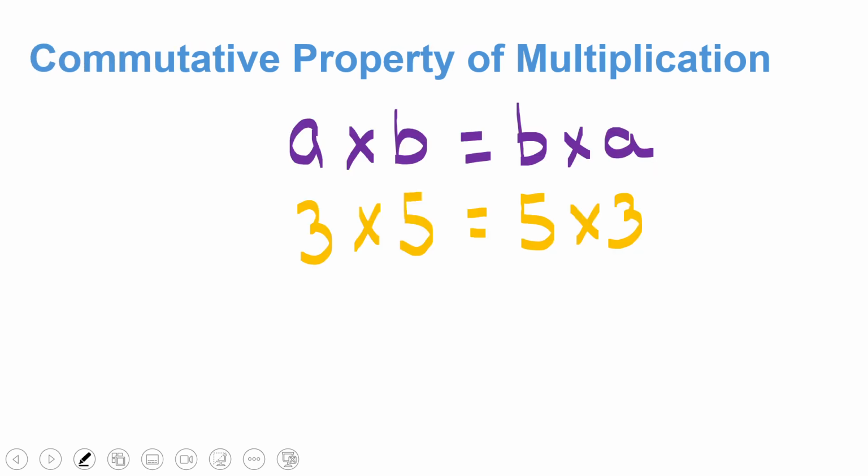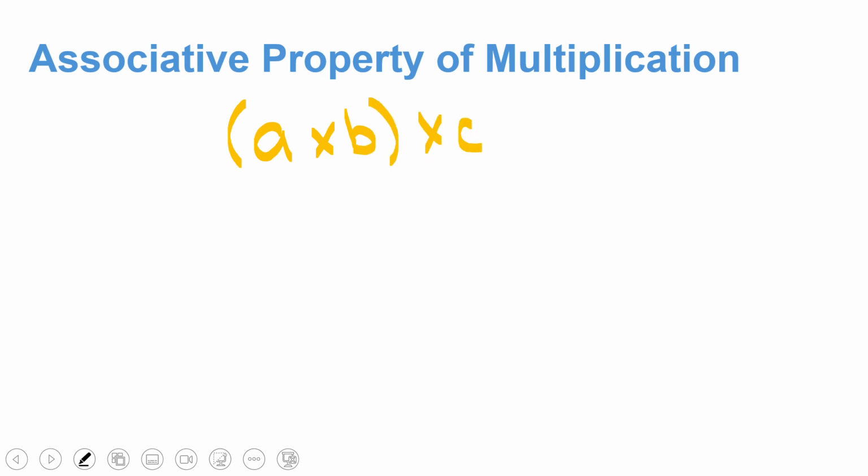In the associative property, we would have parentheses A times B in parentheses times C equal to A times parentheses B times C. If we place values for A, B, and C with an example, let's try 1, 2, 3.